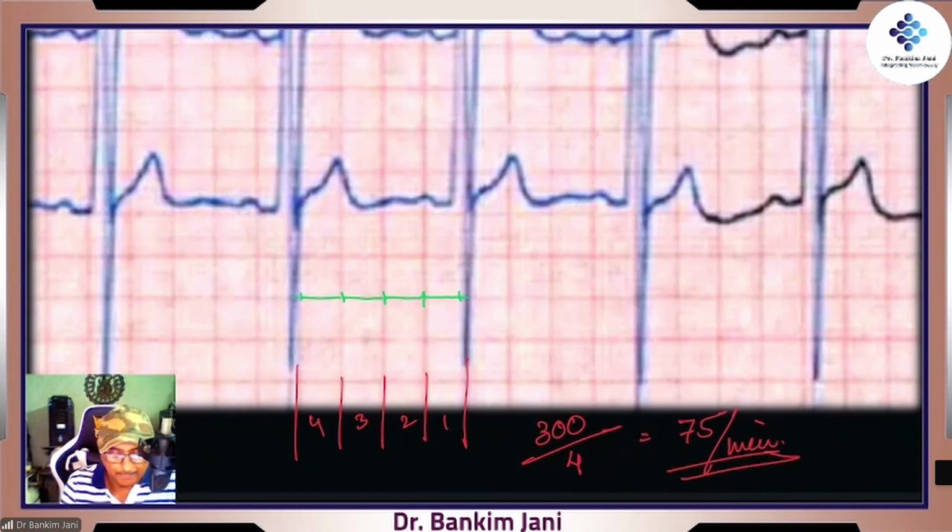So here we have got 5, 5, 5, 5, 2 small boxes, 1 small box. Now this is coming to 20 and this is 23. So if we do 1500 divided by 23.